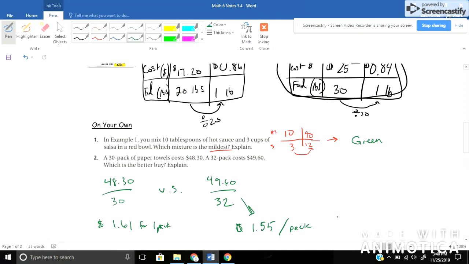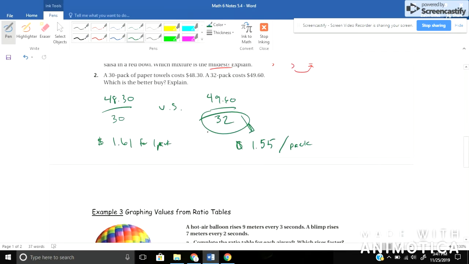So the better buy would be the 32-pack. Okay, again, it's cheaper for 1 roll of paper towel, and that's using unit rates to find that. All right, let me know if you have questions on those.